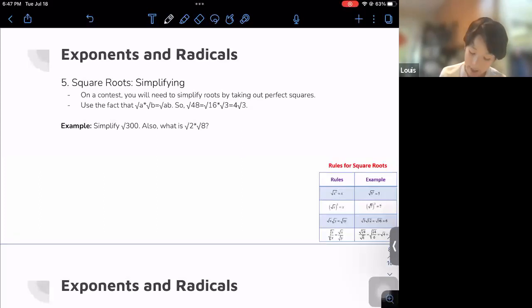And we also have that root of x squared equals x, but this rule is only there if x is non-negative, which means x is not a negative number. And we have root x times root y equals root xy, and root of x over y equals root of x over root of y. So I will give you guys a few minutes to solve this problem.